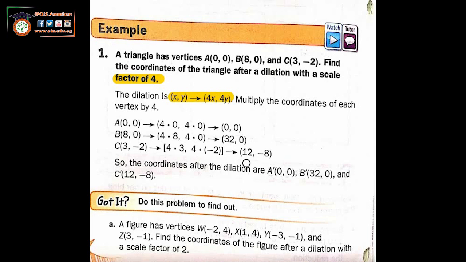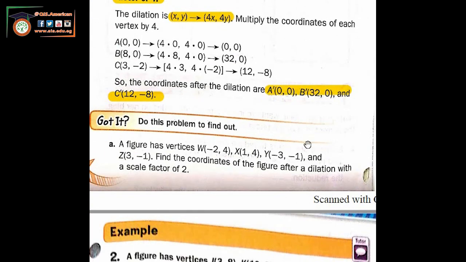C dash: 3 times 4 is 12, and negative 2 times 4 is negative 8. So my new coordinates are A dash 0 and 0, B dash 32 and 0, and C dash 12 and negative 8. So what happened to my triangle? It's an enlargement, which means it became bigger.